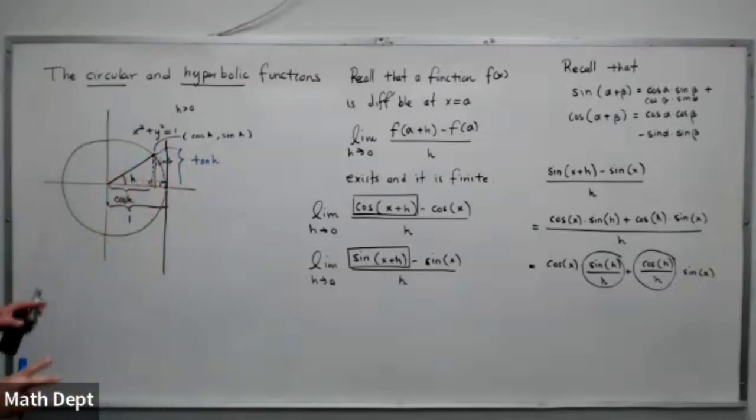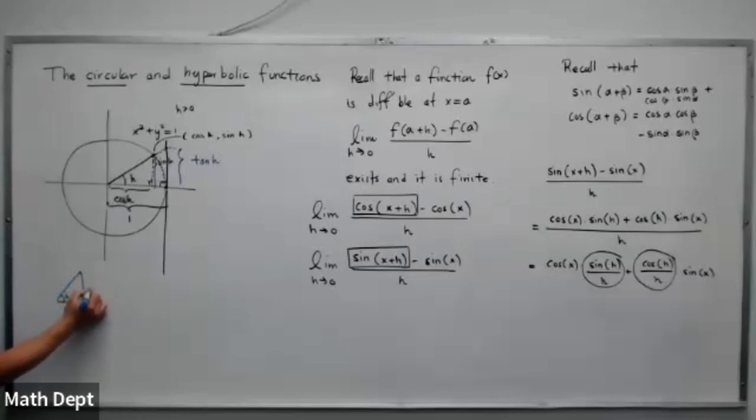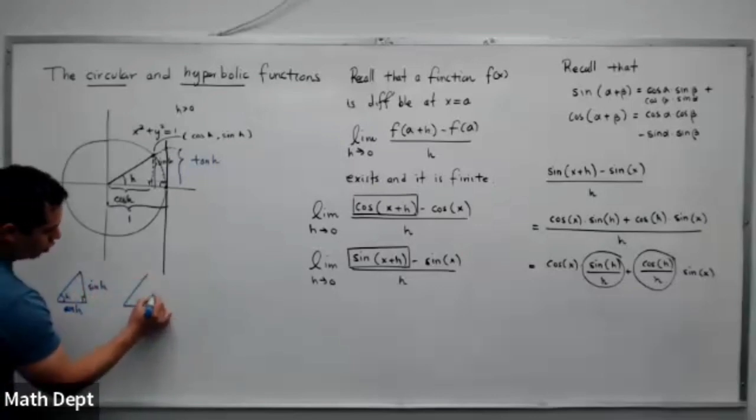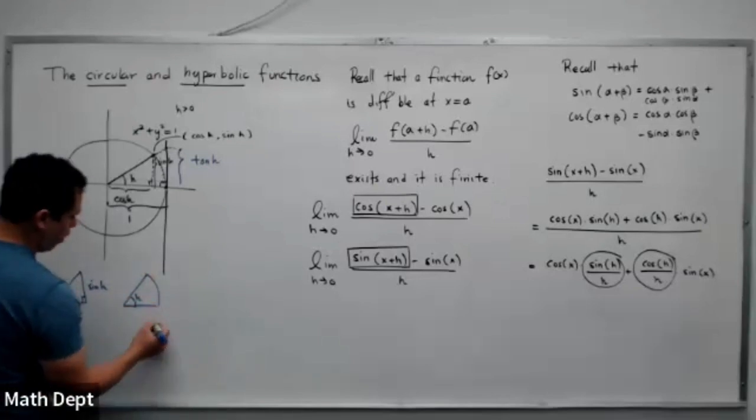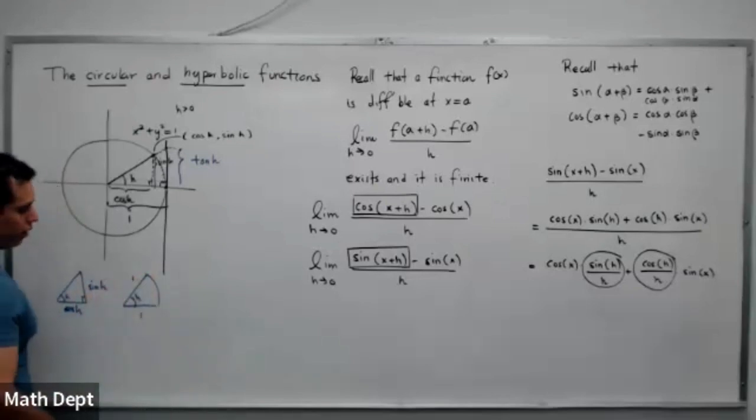So here we have three pictures in place. We have the triangle, angle h, side cosine of h, height sine of h. We have a sector on the unit circle, angle h, radius 1, radius 1.